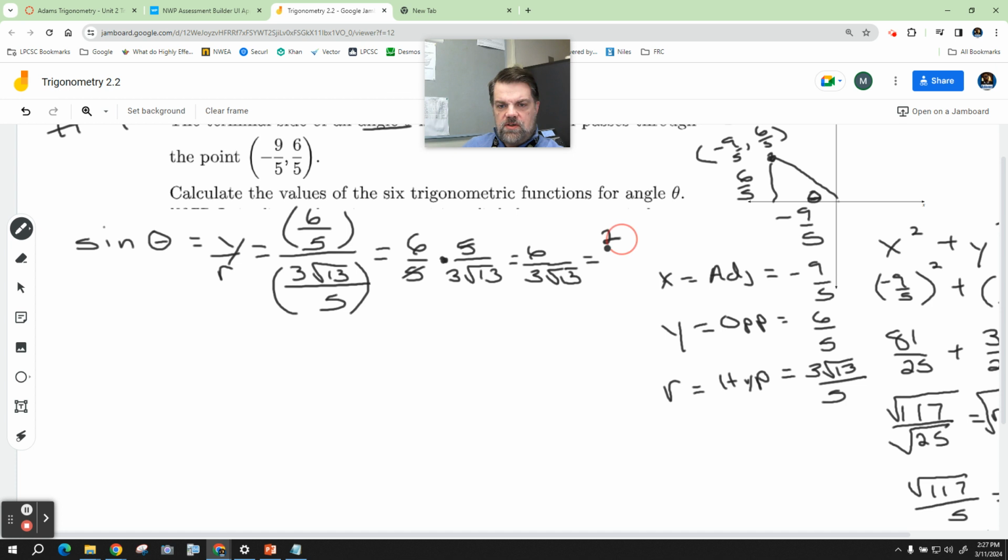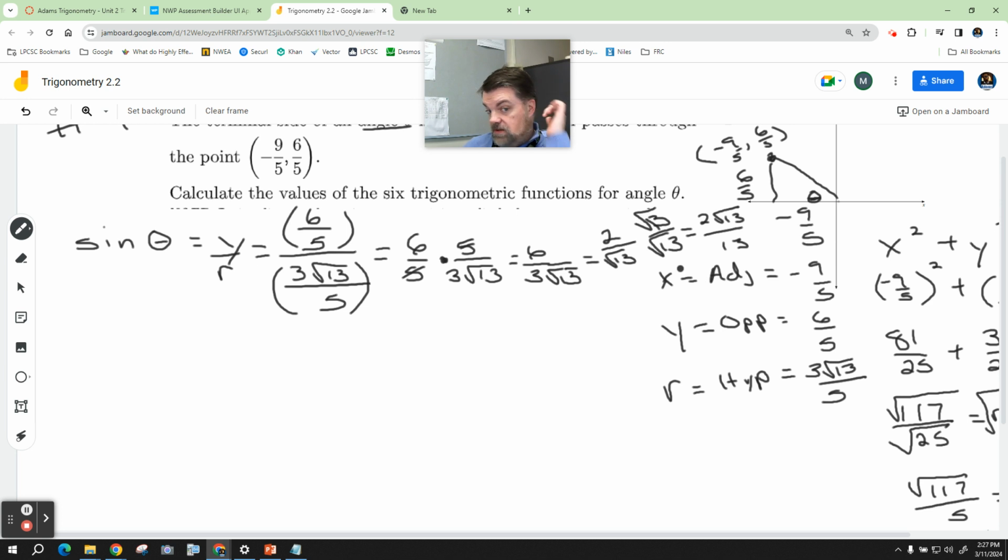That equals 2 over root 13. But I have to rationalize the denominator, which is root 13 over root 13. So my final answer is 2 root 13 all over 13.